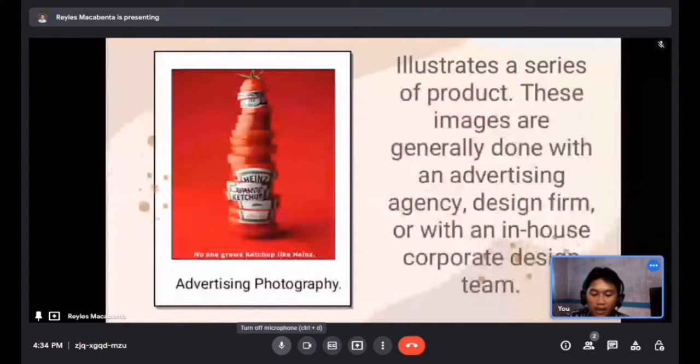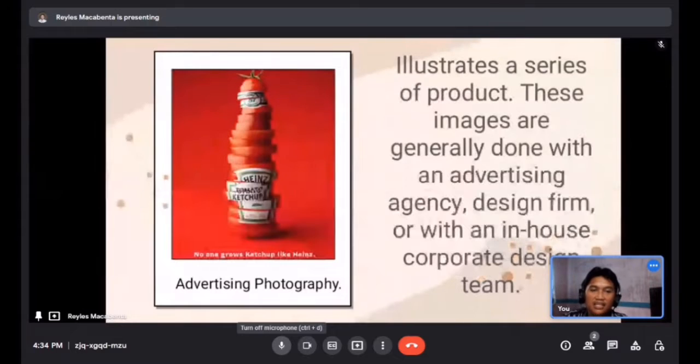So advertising photography illustrates a series of products. These images are generally done with an advertising agency, design firm, or with an in-house corporate design team.